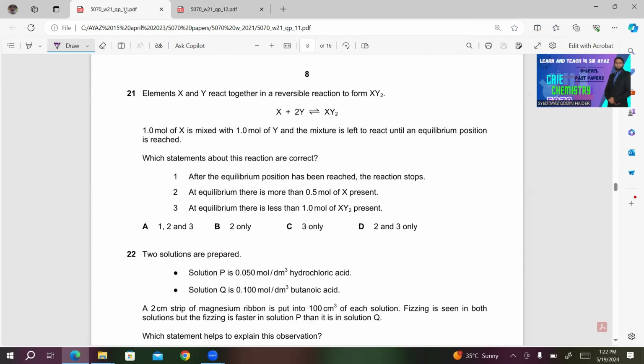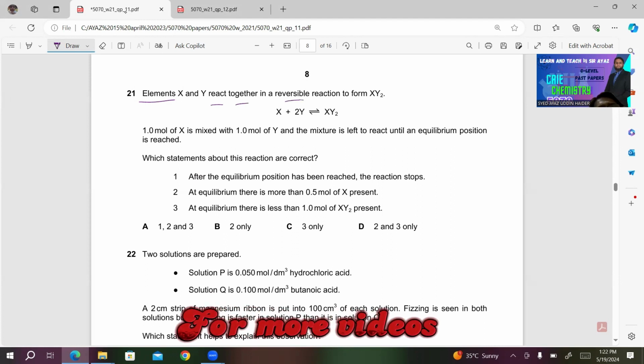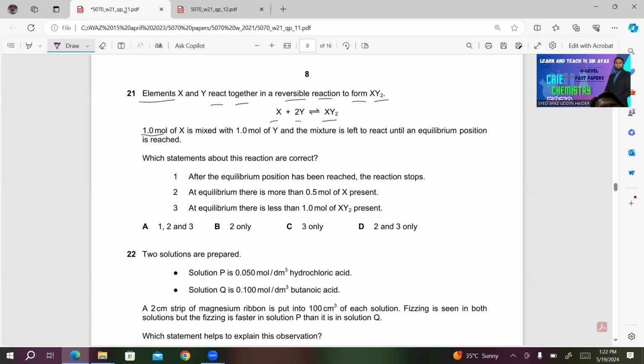From question number 21. Elements X and Y react together in a reversible reaction to form XY2. X plus 2Y gives XY2. 1 mole of X is mixed with 1 mole of Y, and the mixture is left to react until an equilibrium position is reached. Which statements about this reaction are correct? 1. After the equilibrium position has been reached, the reaction stops.